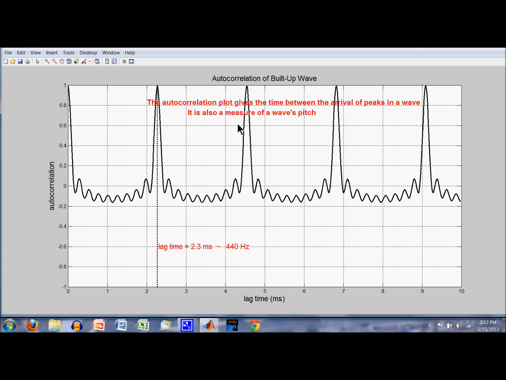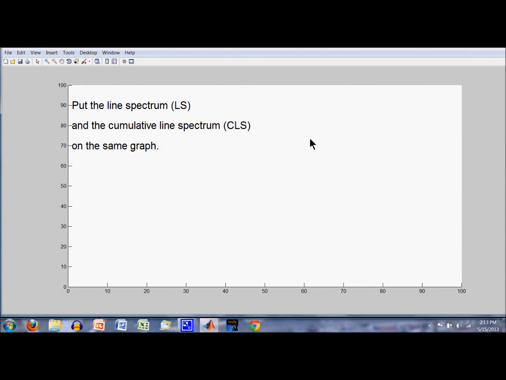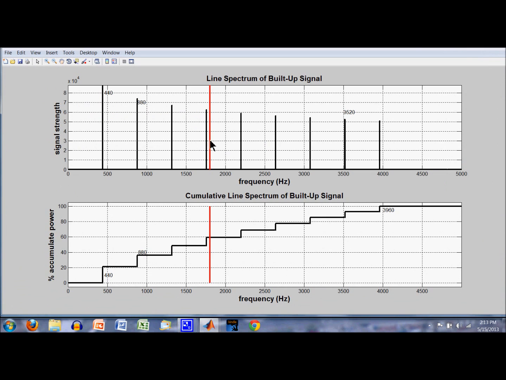And of course it repeats because it's going to autocorrelate at the multiples of the period of this signal. Put it on the same graph. Okay, here's the line spectrum that we've seen, and here's the cumulative line spectrum, both plotted against frequency. This is signal strength at the frequency. This is the accumulated power as we go along in frequency.